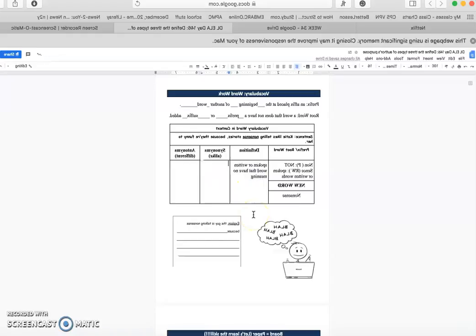Now, if we were to look in the thesaurus, we would find out that nonsense means gibberish, and that an antonym or an opposite word would be sense.